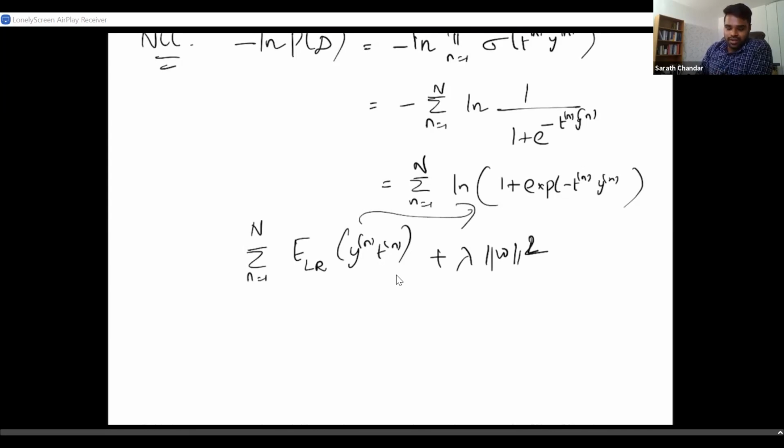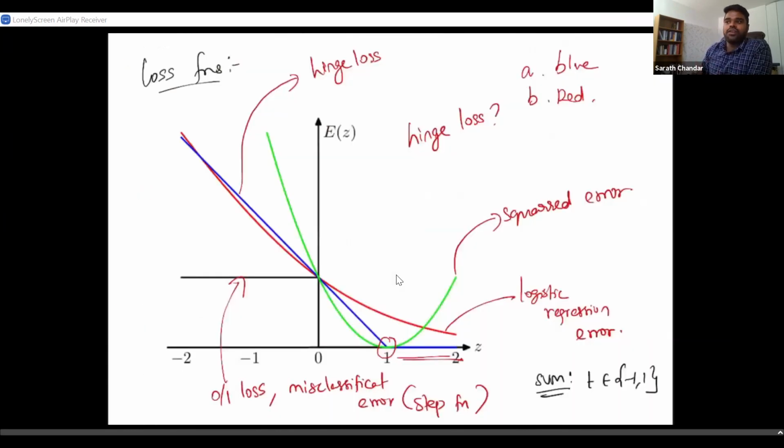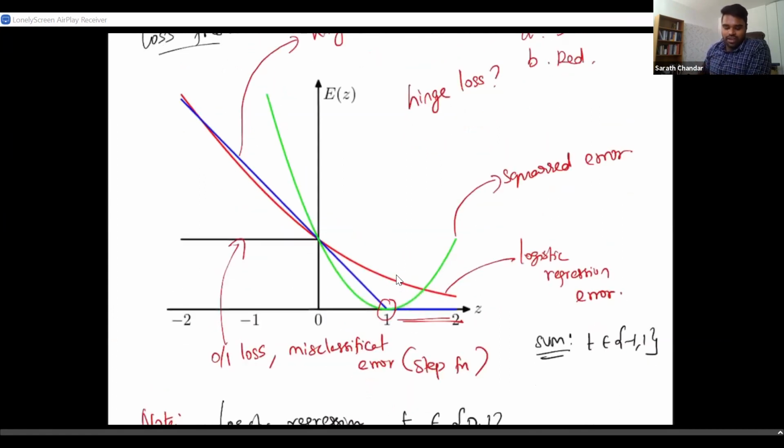Okay, and you just divide the whole thing by ln 2 so that the error function actually passes through 0, 1. Okay, so this is just a reformulation of the logistic regression error that we have already seen, and you see the effect here.